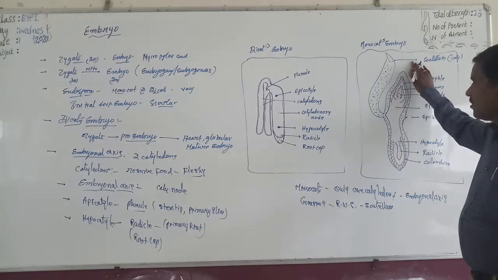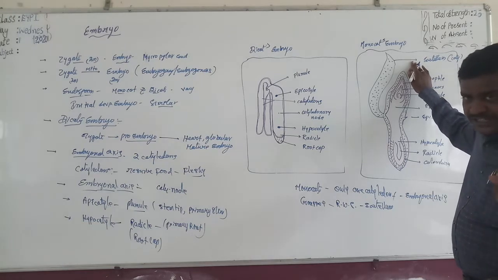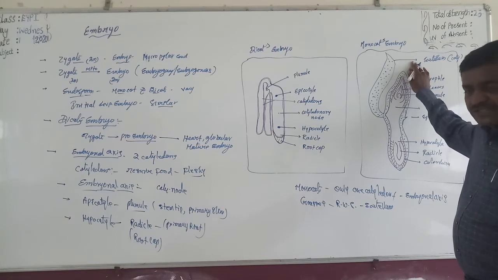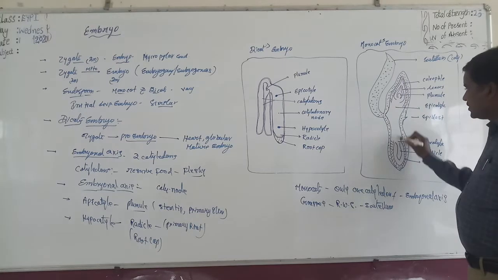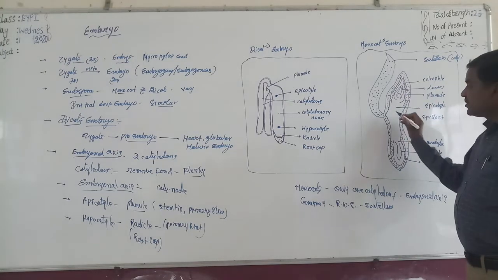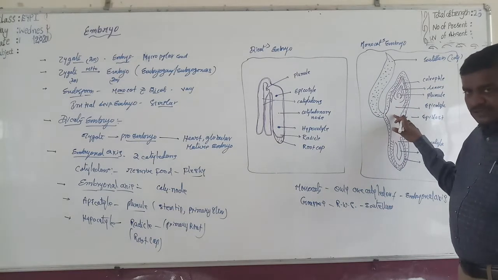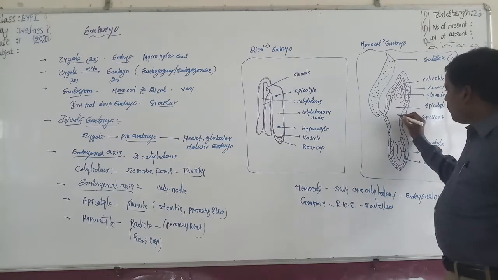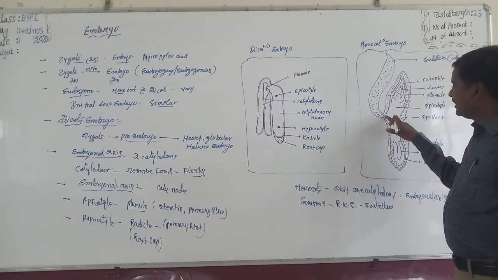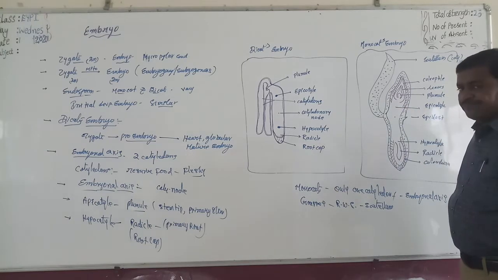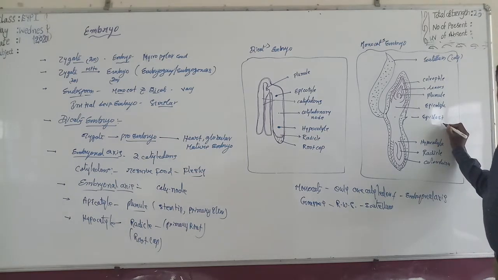In this monocot embryo, only one shield-shaped cotyledon is present, called the scutellum, and the embryonal axis is also there. The single shield-shaped cotyledon is attached to the embryonal axis. The point of the embryonal axis where the cotyledon is attached is called the epiblast.